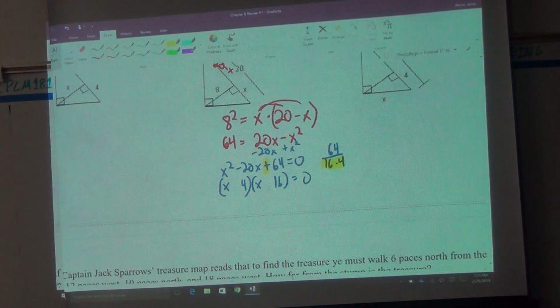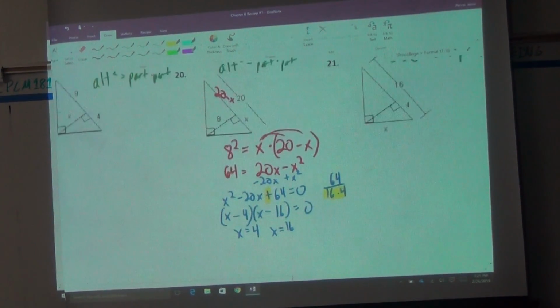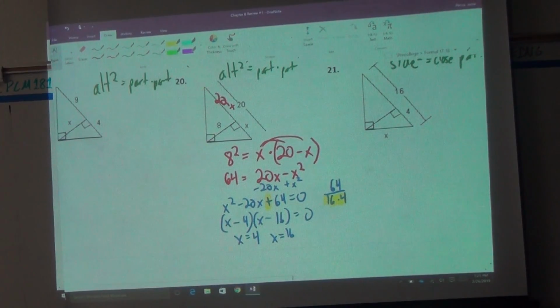Both of those signs will be negative, meaning that both of our answers are positive, and I think both those answers are going to play in. So again, this is an or: x could be 4 or x could be 16, and nothing would be any different.